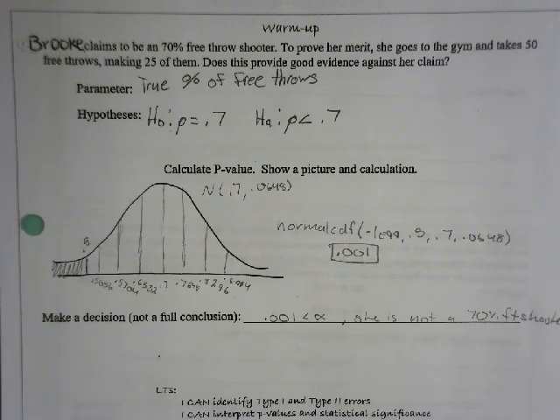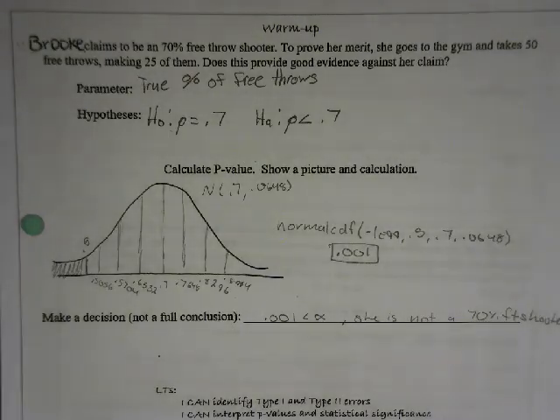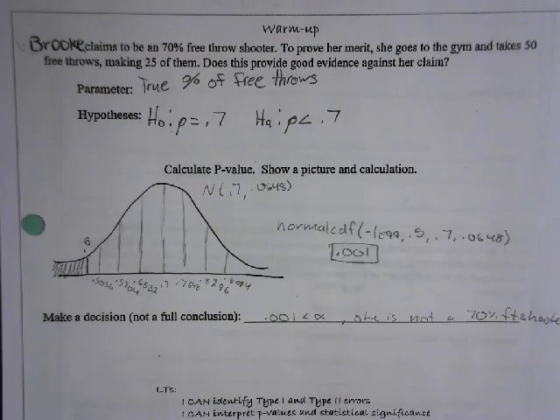All right, our parameter that we're interested in is the true proportion of free throws made. Our null hypothesis is that p equals 0.7. The alternative is p is less than 0.7.